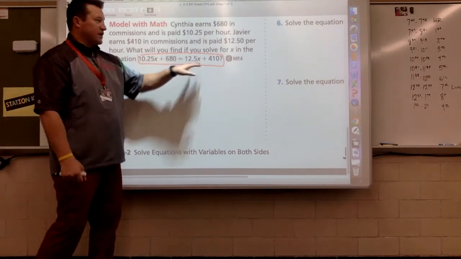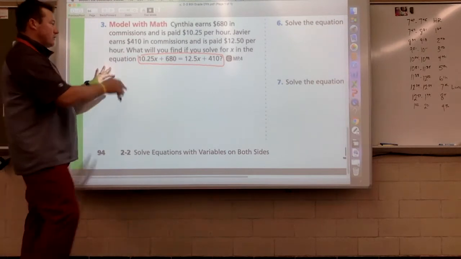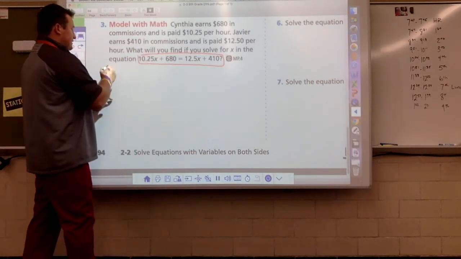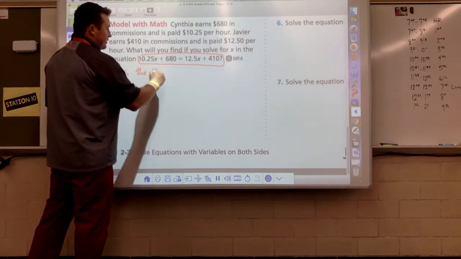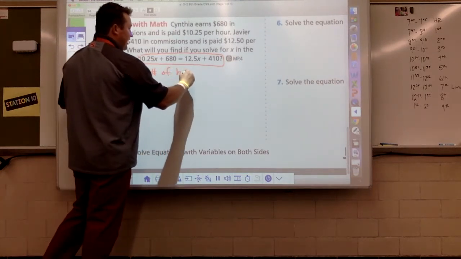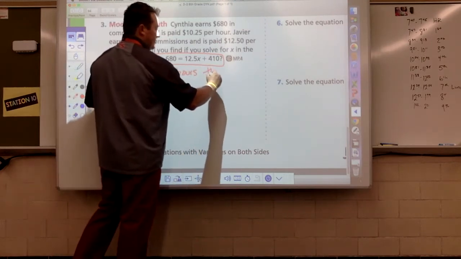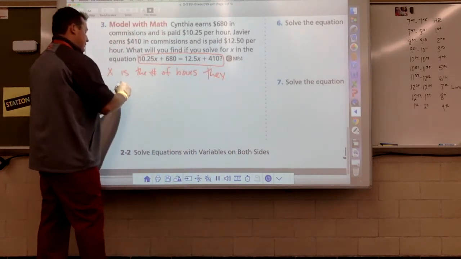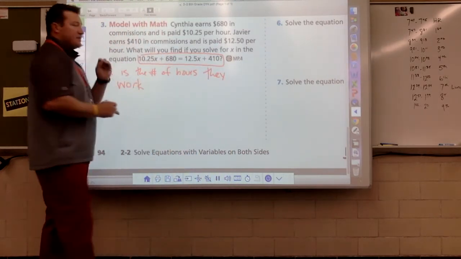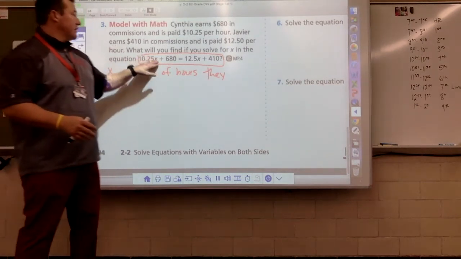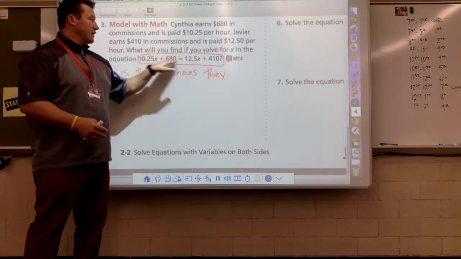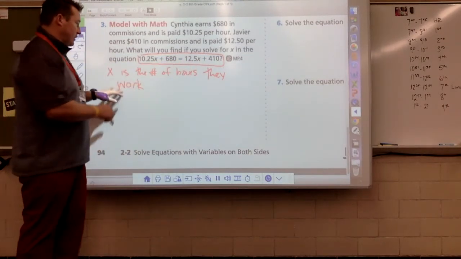Well, x is representing, guys, how many hours they work, right? So if we solve for x, x is the number of hours that they work. And in this case, more specific, it's the number of hours they work to make the amount of money equal to each other, right?